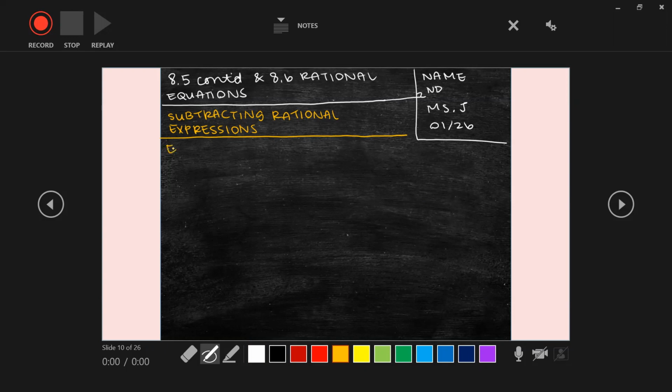And let's do an easy one at first. Let's say we have 1 over x, and we are subtracting 2 over x plus 2.